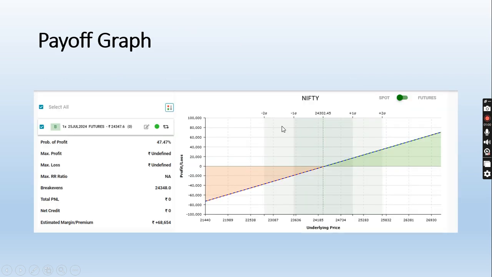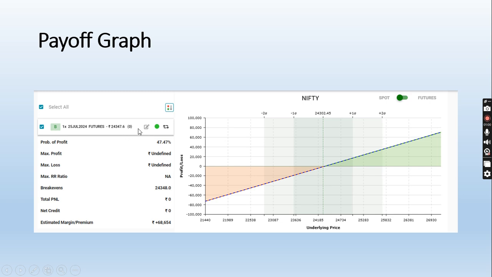Let's look at the payoff graph, summarizing those different scenarios and how the profitability will be impacted. Here, I have taken the Nifty futures. Currently the Nifty futures July 2024 contract is trading at 24,347 rupees and the spot price is around 24,300.